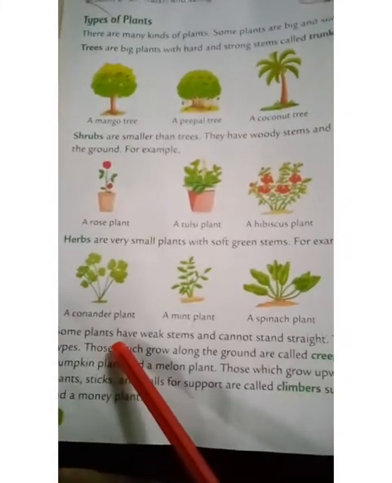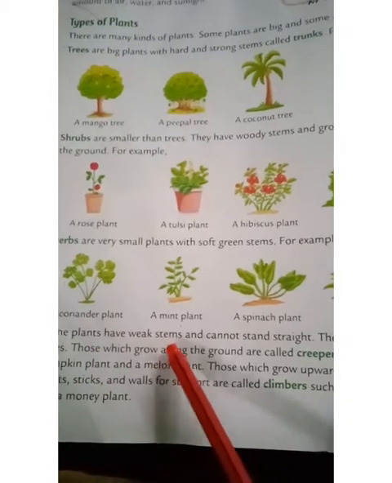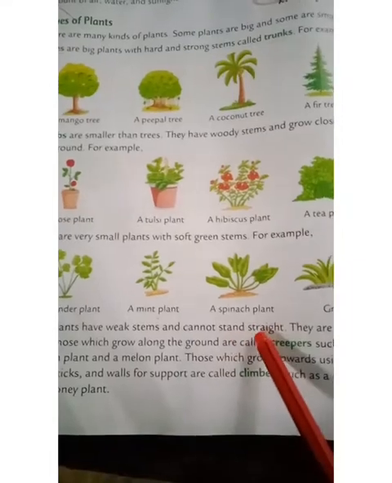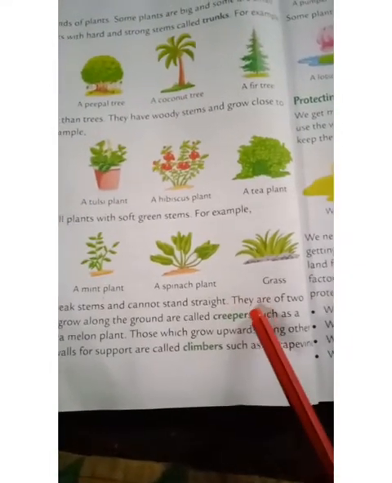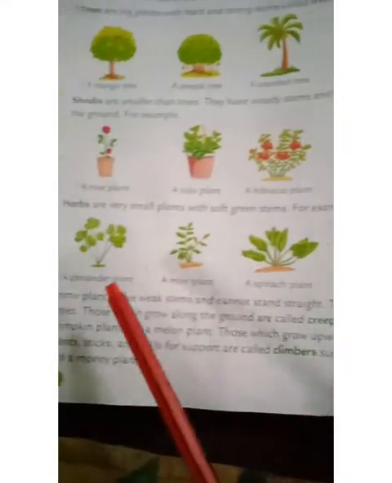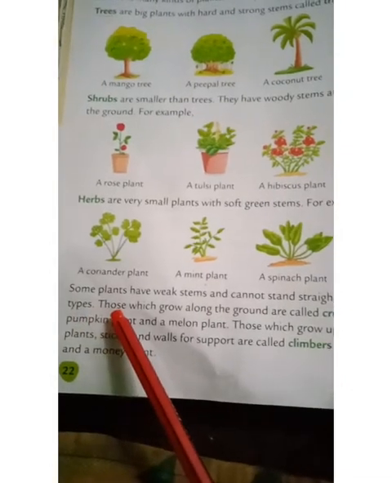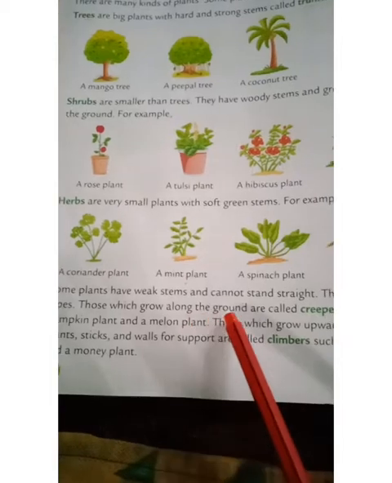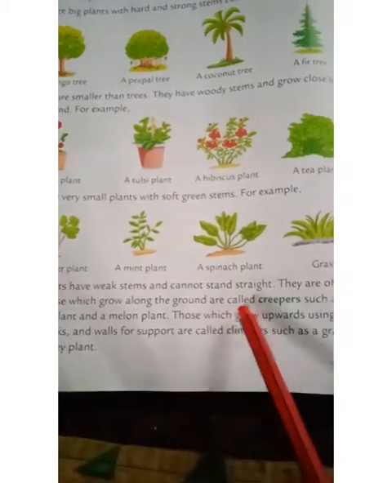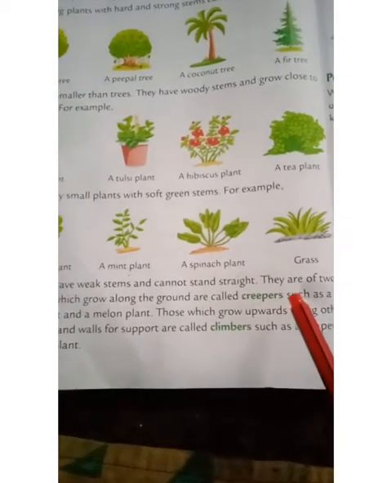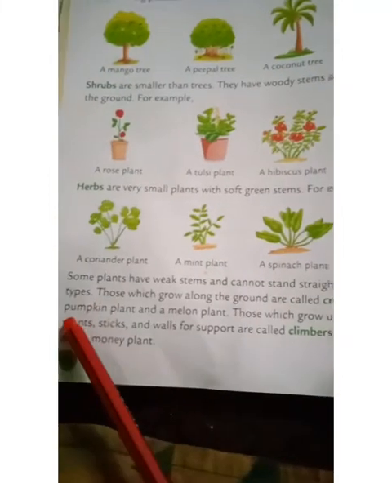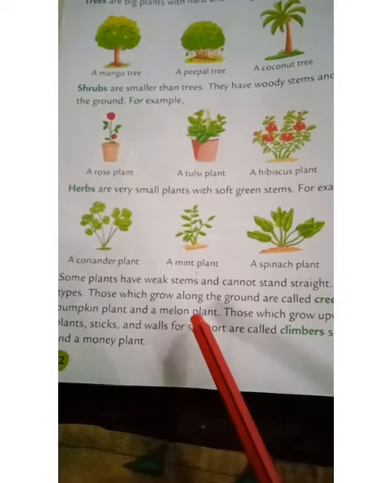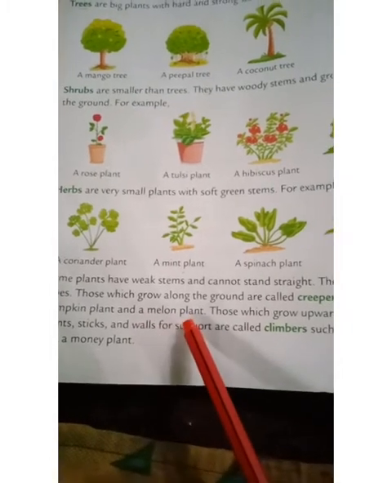Some plants have weak stems and cannot stand straight. They are of two types. Those which grow along the ground are called creepers, such as a pumpkin plant and a melon plant, watermelon plant.